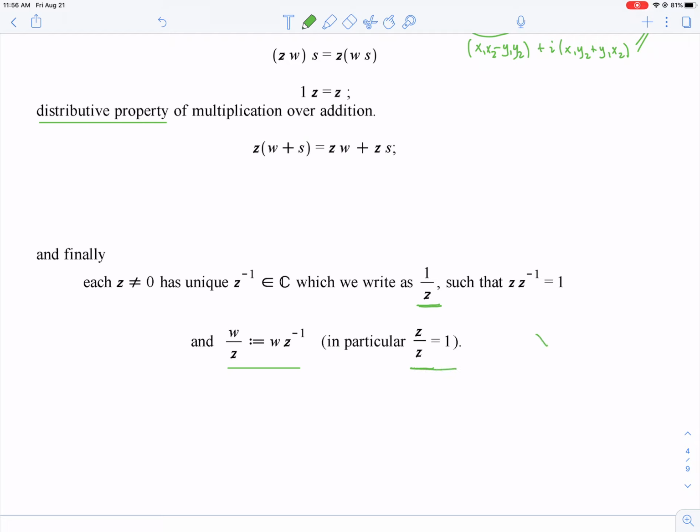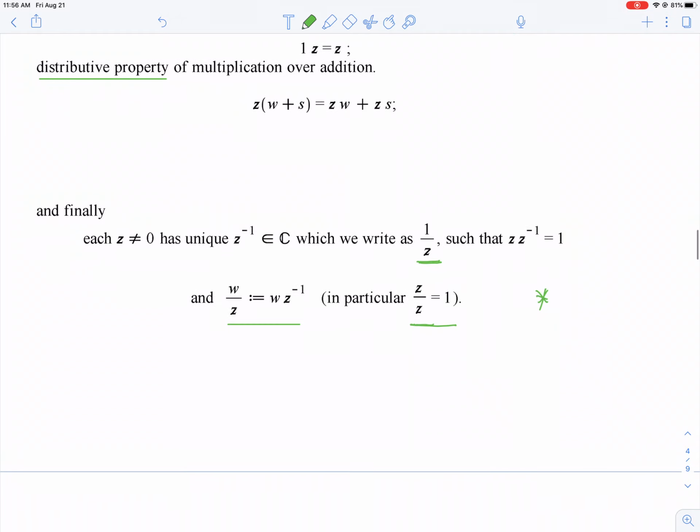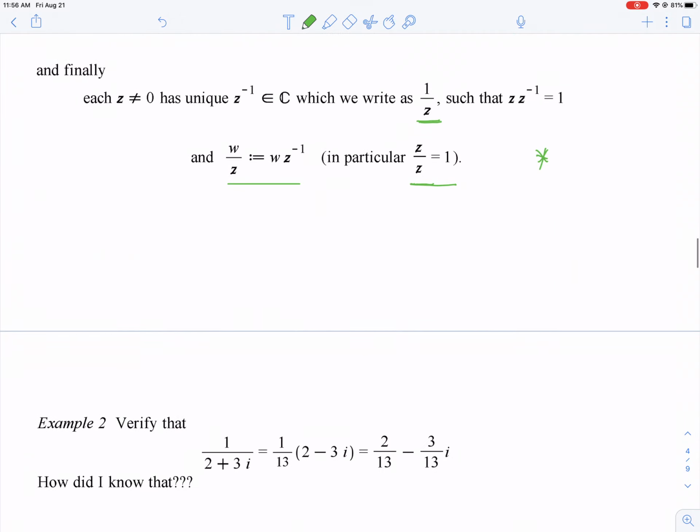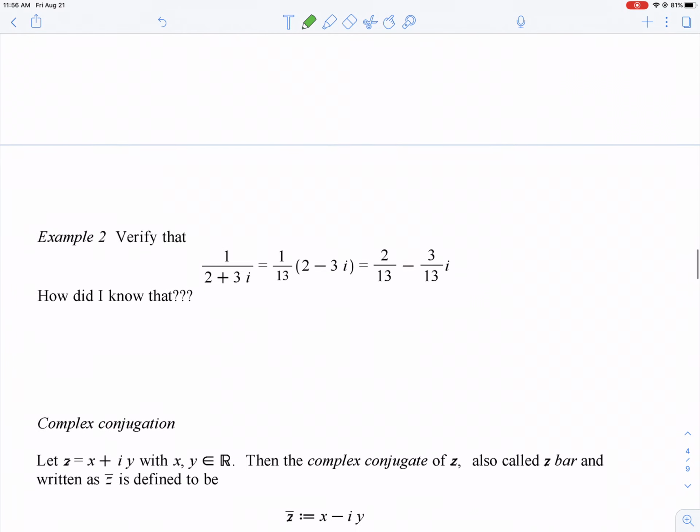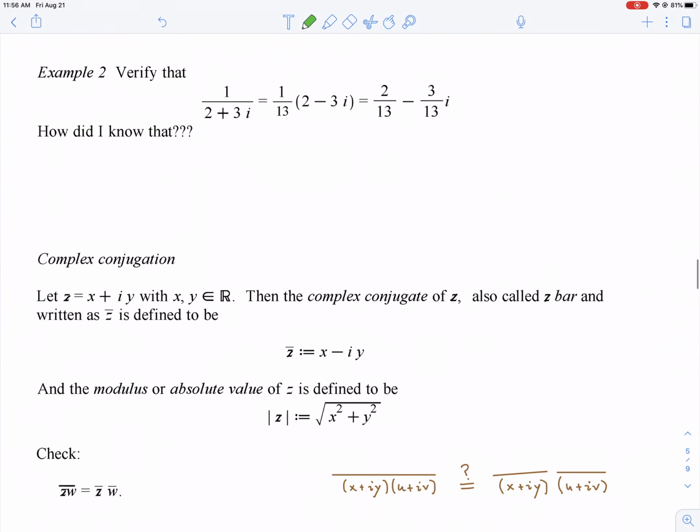Okay, so let's talk a little bit about that multiplicative inverse. So here's an example. I wrote down that the multiplicative inverse of 2 plus 3i is 1/13 times 2 minus 3i.